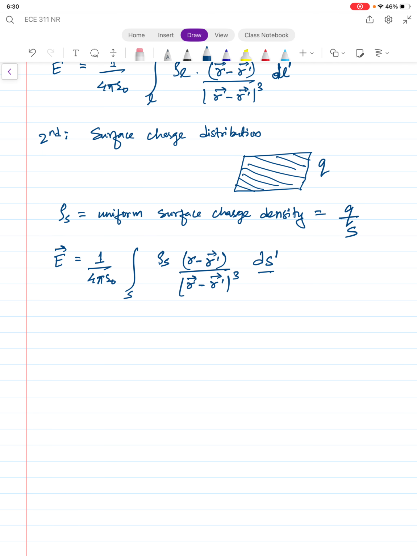The third scenario is when we have a volume charge distribution.